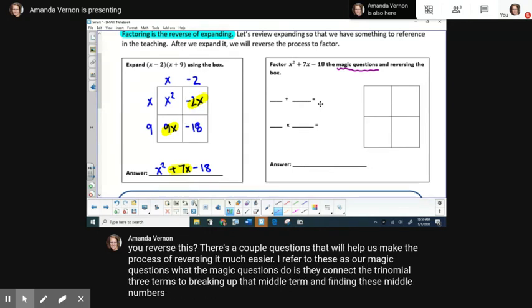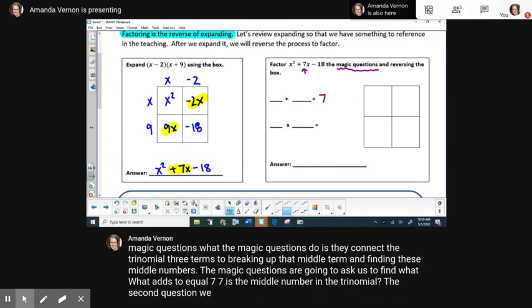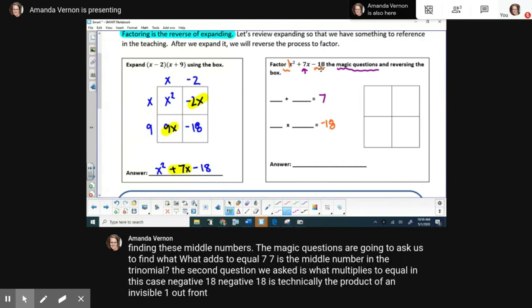The magic questions are going to ask us to find what adds to equal 7. 7 is the middle number in the trinomial. The second question we ask is what multiplies to equal, in this case, negative 18. Negative 18 is technically the product of an invisible 1 out front and the last number or term, which is negative 18.